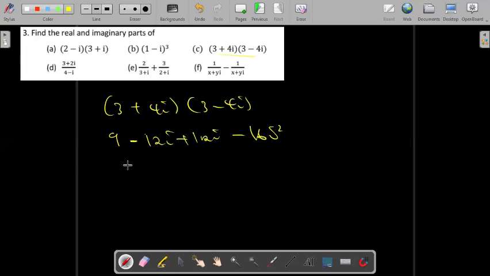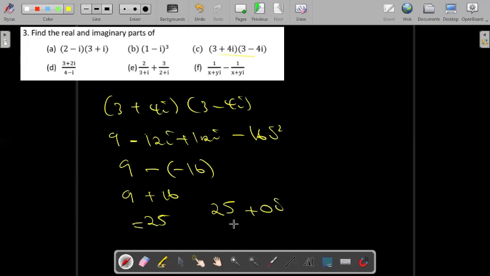So this here will give you 9, then -16 times -1, which is plus 16, and this is equal to 25. So your real part is 25, and your imaginary part is 0.